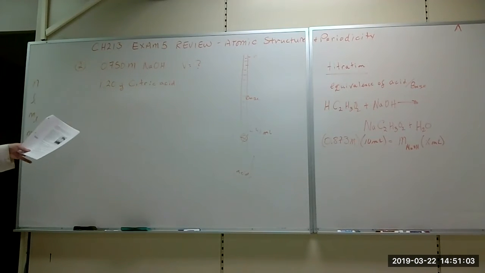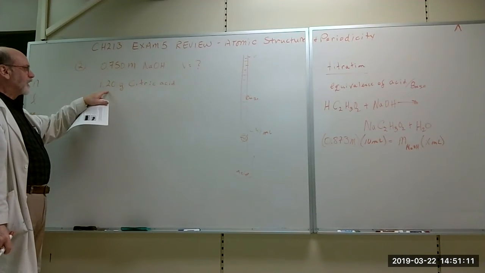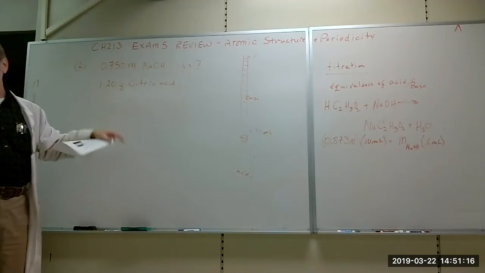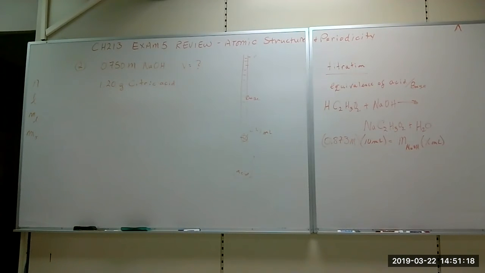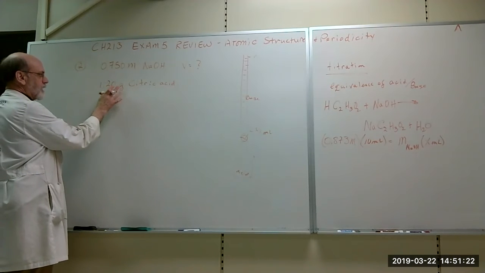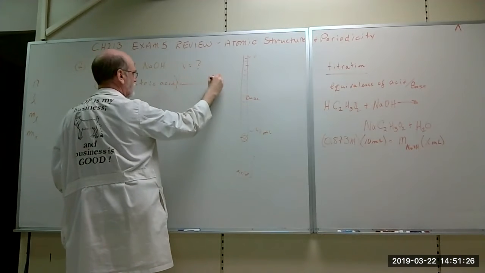This one is a little more complicated, but we're going to approach it methodically. First of all, we need to know how many moles of citric acid it is, because grams doesn't mean anything in a chemical reaction. So we need to convert this many grams of citric acid to moles of citric acid.